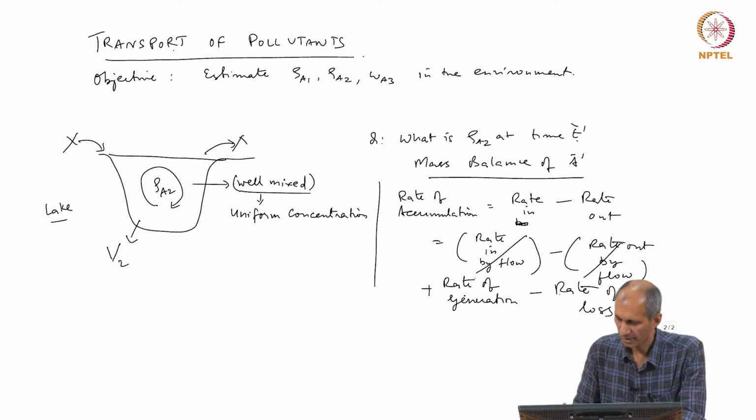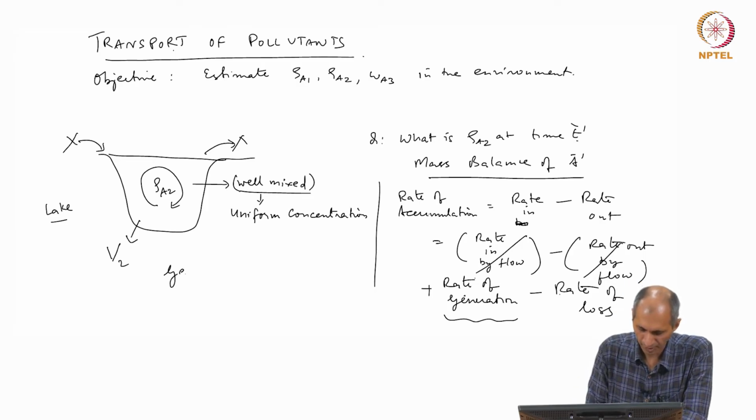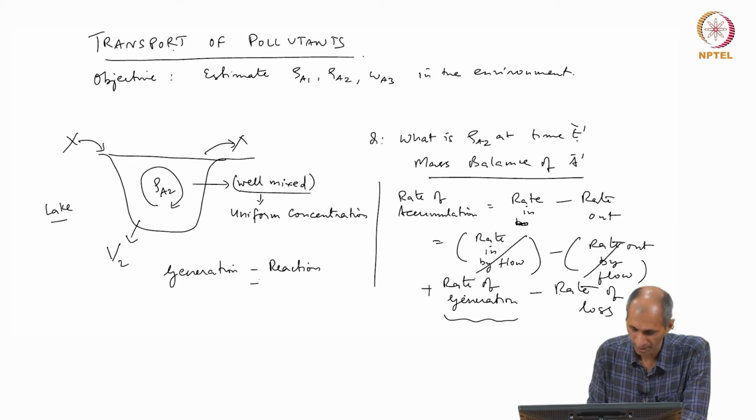The rate of generation, or rate of addition into the system, is by some other process. This rate of generation could be by reaction, which means it is forming by reaction from something else, or it is occurring by mass transfer. And rate of loss also can be reaction and mass transfer.